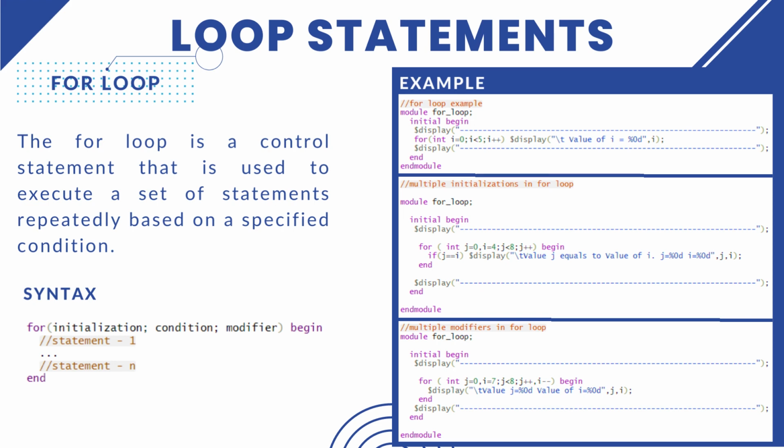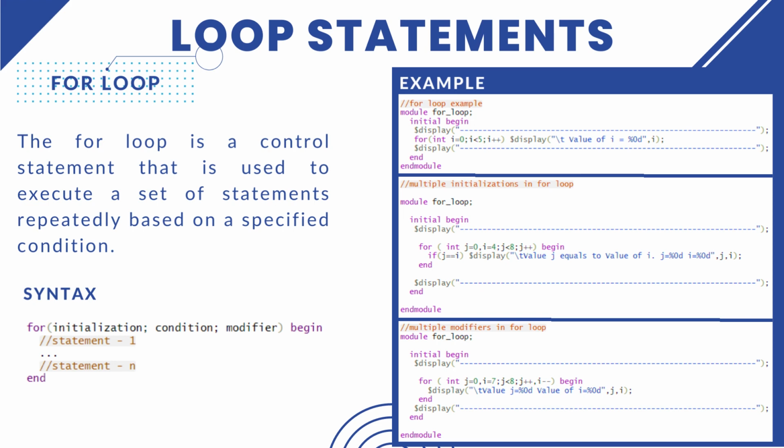Value j equals to value of I: j is equal to 0, I is equal to 7. j is equal to 1, I is equal to 6. j is equal to 2, I is equal to 5. j is equal to 3, I is equal to 4. j is equal to 4, I is equal to 3. j is equal to 5, I is equal to 2. j is equal to 6, I is equal to 1. j is equal to 7, I is equal to 0.